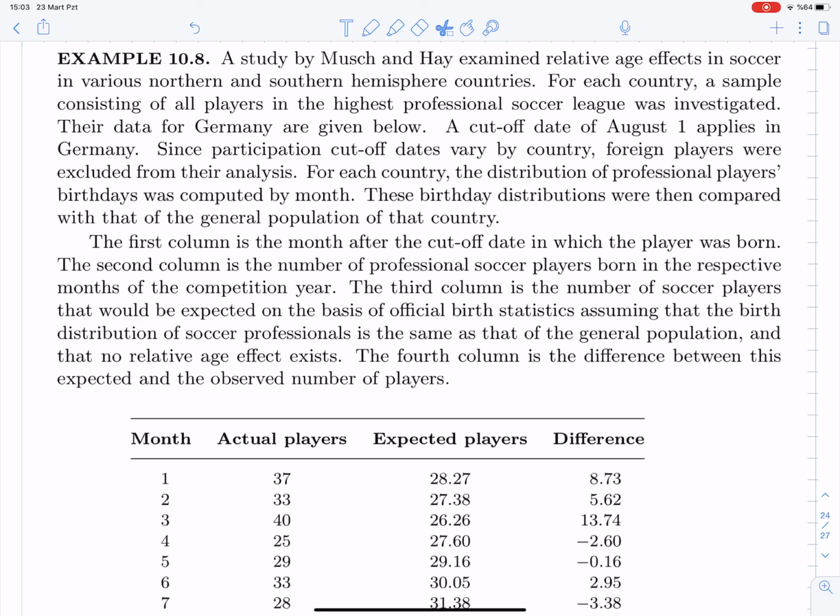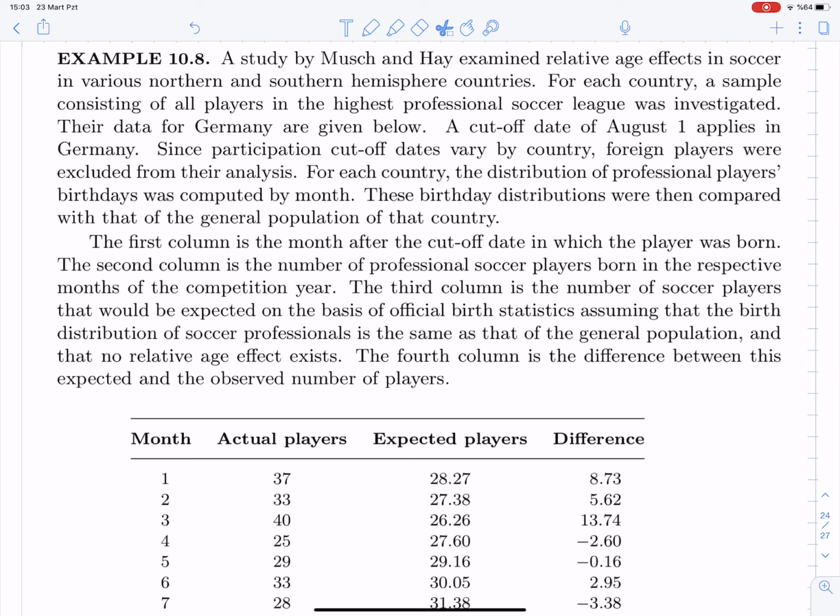Since cutoff dates vary by country, foreign players were excluded from their analysis. For each country, the distribution of professional players' birthdays was computed by month. This birthday distribution was then compared with that of the general population of that country.